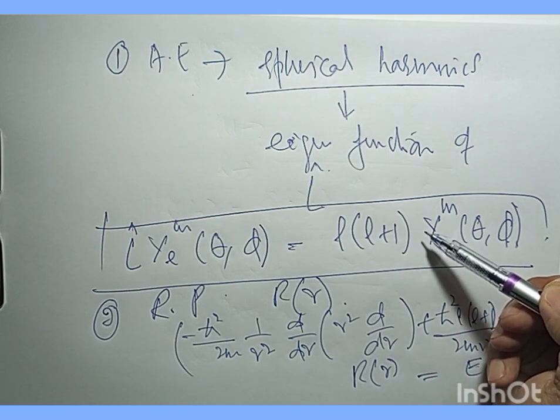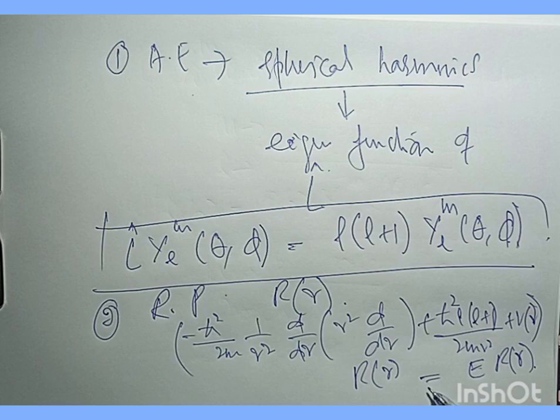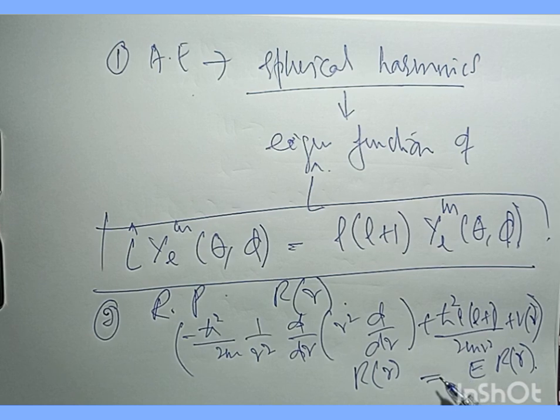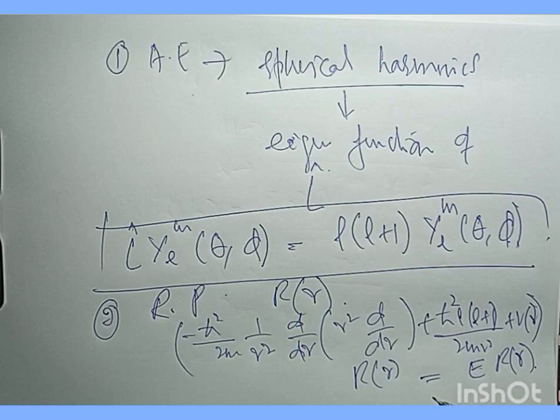So this is our angular momentum equation, and this is what I should call the radial Schrodinger equation, and this equation governs the radial part of the wave function.